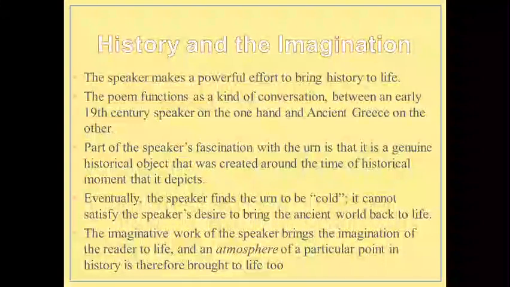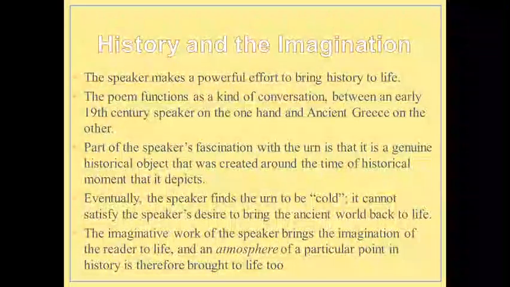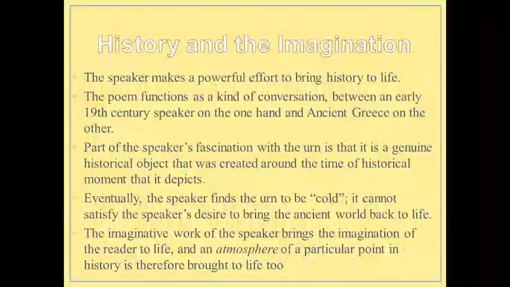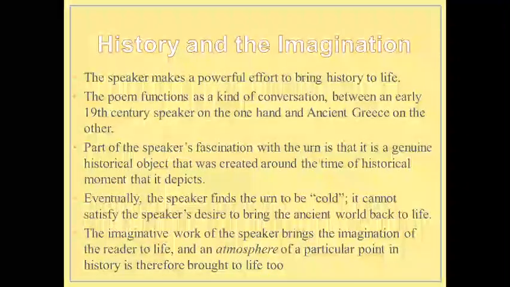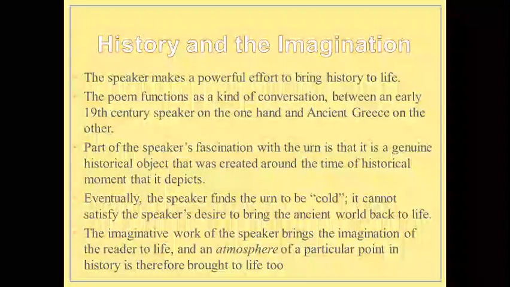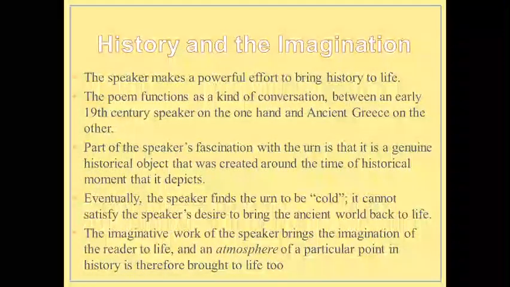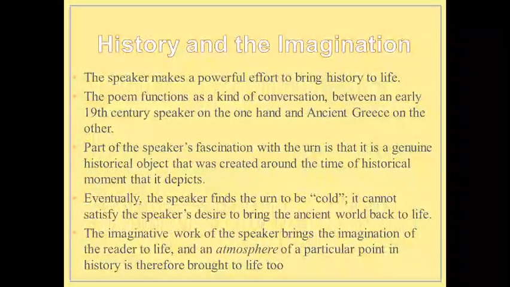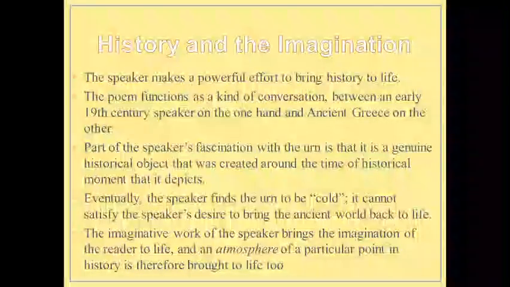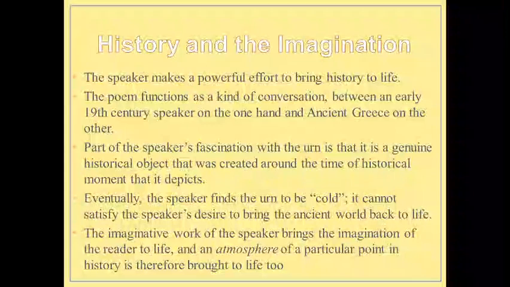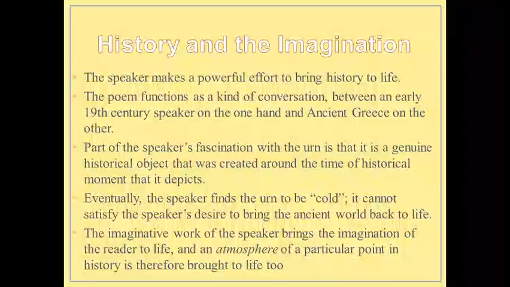It's up to the speaker to imagine the lives and stories that, though once real, now only exist in the urn's pictures. Overall, the poem argues that imagination is key to understanding and sympathizing with what has come before, but that this effort can never give a full picture of the richness and detail of worlds that are long gone.